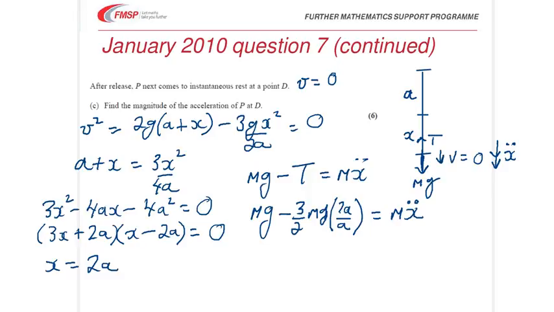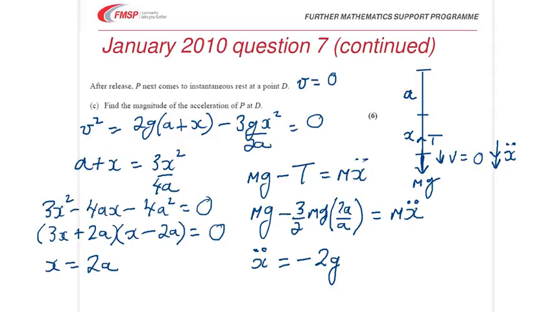So the acceleration x double dot at this point comes to be minus 2g, which makes sense because it's at rest at this point instantaneously and the tension is pulling it back, the acceleration is actually acting upwards, so it's negative in the downwards direction.